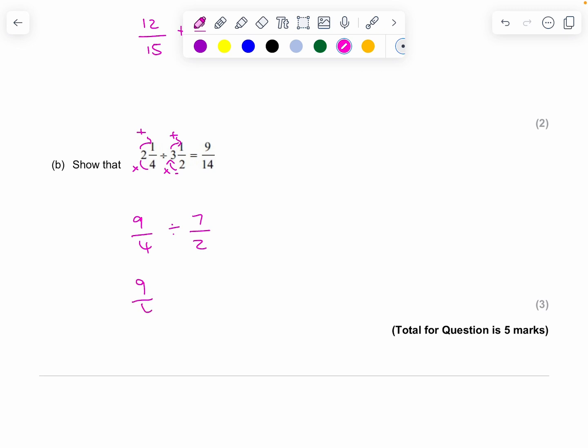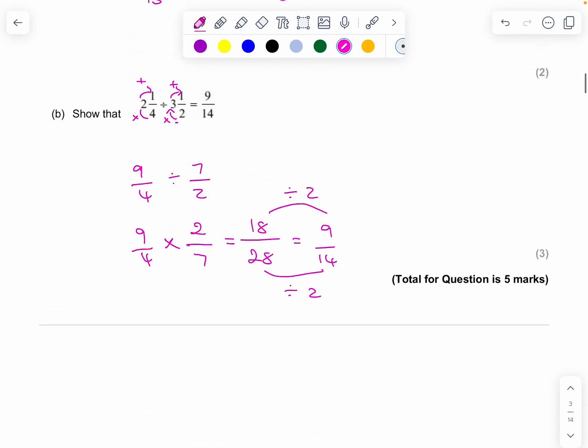Leave the first one, change the sign to multiplication and flip the second fraction, so it's 2 over 7 instead of 7 over 2. 9 times 2 is 18 over 4 times 7, which is 28. Then we simplify. 2 is the biggest number that goes into both 18 and 28. And so that gives us 9 over 14, which is what the answer called for.